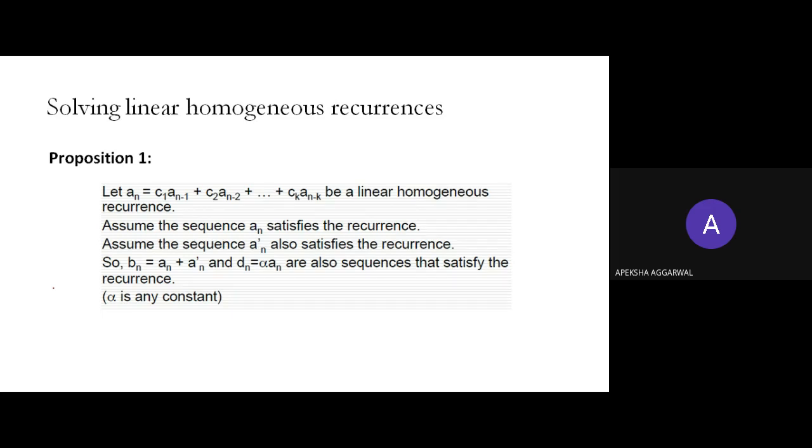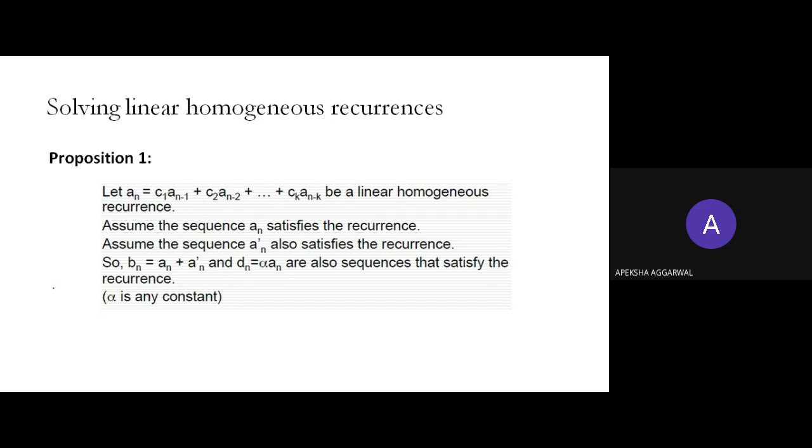Assume that an satisfies the recurrence, and assume that the sequence an dash also satisfies the recurrence. So suppose you have two sequences which satisfy the above recurrence. Proposition 1 says that if you add these two, you will get a new sequence, and that will also satisfy the above recurrence.